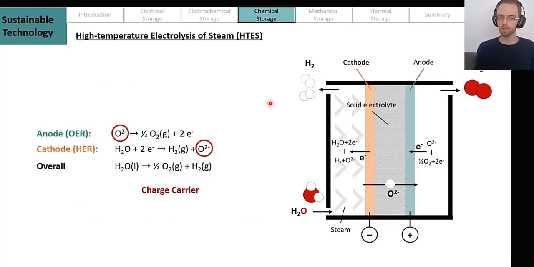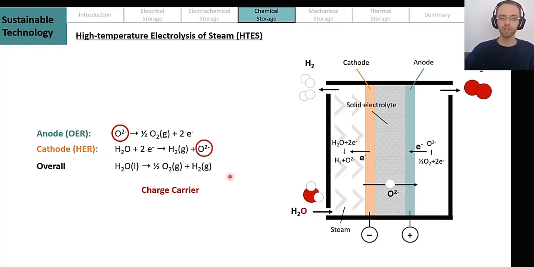How does this look in practice? Again, we have different reactions because we're using steam here. On our anode, we still facilitate the oxygen evolution reaction. We react oxide ions and form 1/2 oxygen and 2 electrons. And on our cathode, we have the reducing reaction, the hydrogen evolution reaction, where we react water and 2 electrons to form hydrogen and oxide ions.